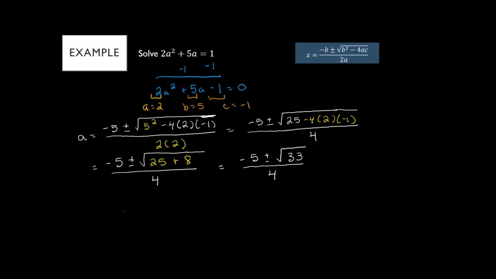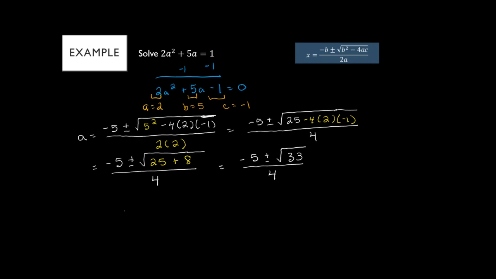Now, in your calculator, if you take the square root of 33, you are going to get a decimal, 5 point something. If you're solving an equation like this and it's a word problem, we will usually convert it to a decimal, because with word problems it's okay to round.